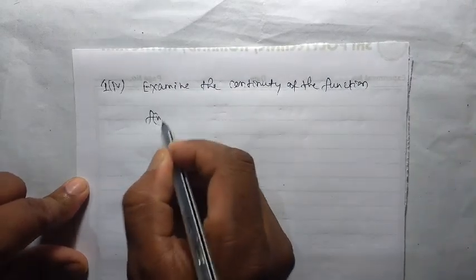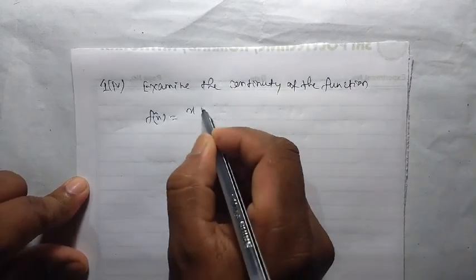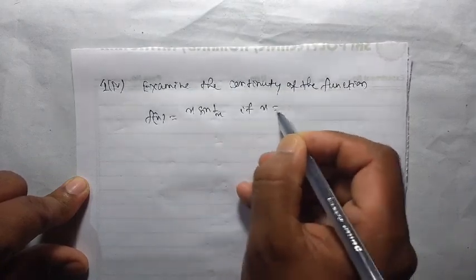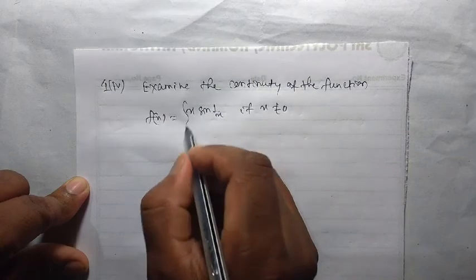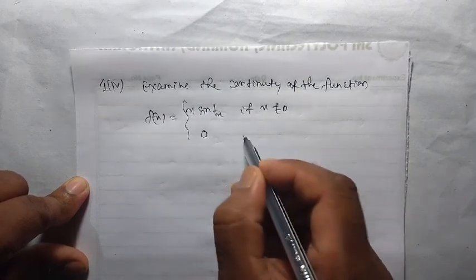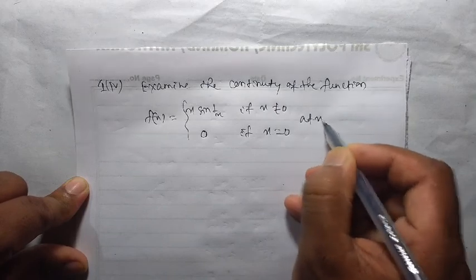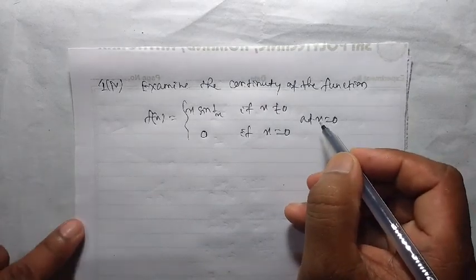The question is f of x is equal to x sin 1 by x if x is not equal to 0, f of x is equal to 0 if x is equal to 0, at x is equal to 0.